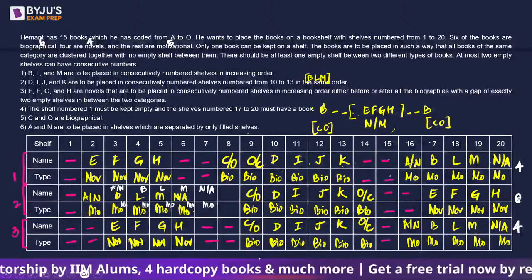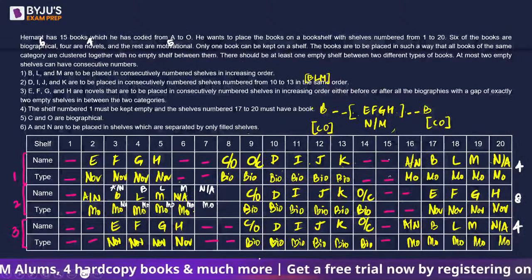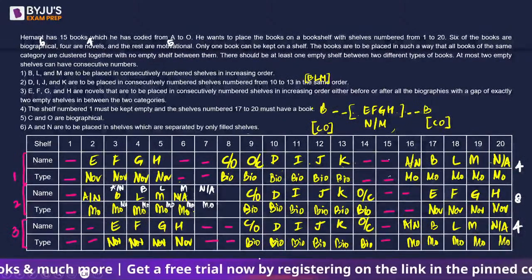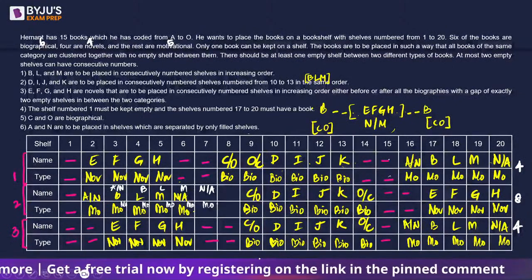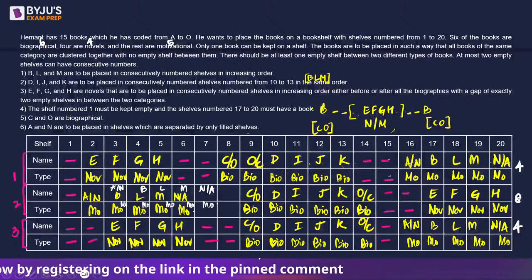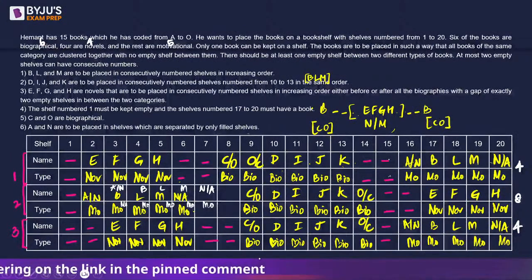C and O are biographical. That's what we have already done. A and N are to be placed in shelves which are separated by only filled shelves. That also we have done. Let's now think.